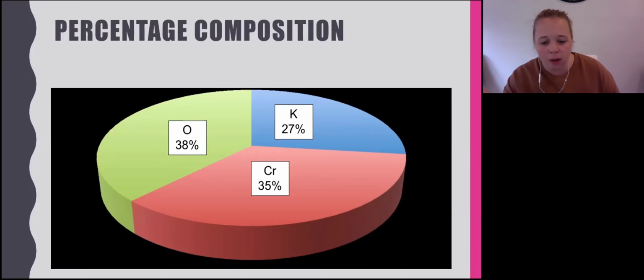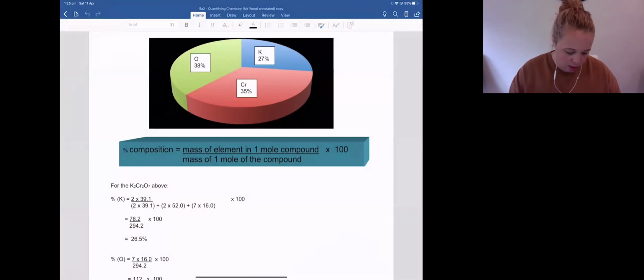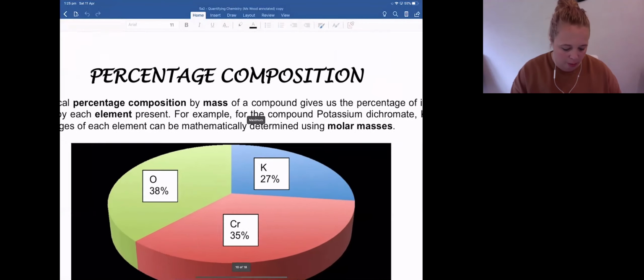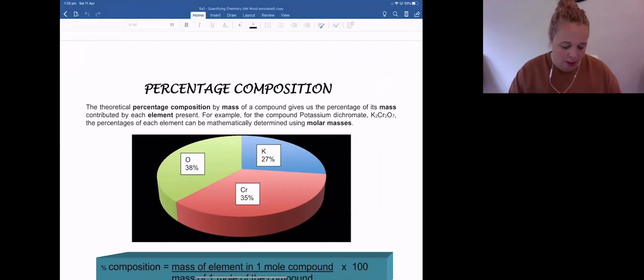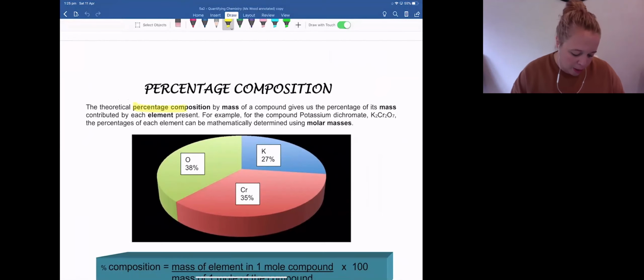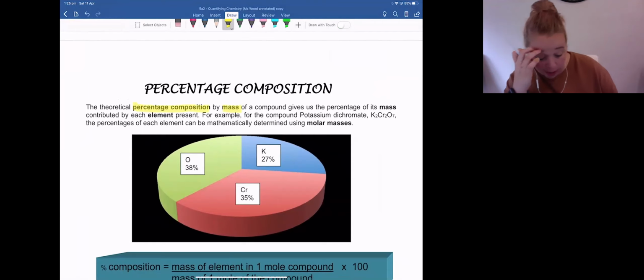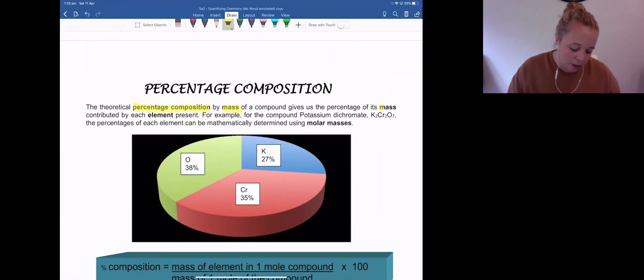This is what the notes say: the theoretical percentage composition by mass of a compound gives us the percentage of its mass contributed by each element present. For example, and this is the example we're about to work through, the compound potassium dichromate.